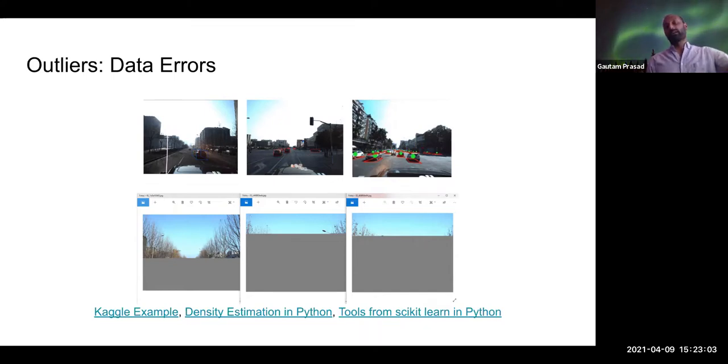And then you can go in and understand, should we throw these out? But this is an example where it's very clear you don't want them part of your data set because they will mess things up.